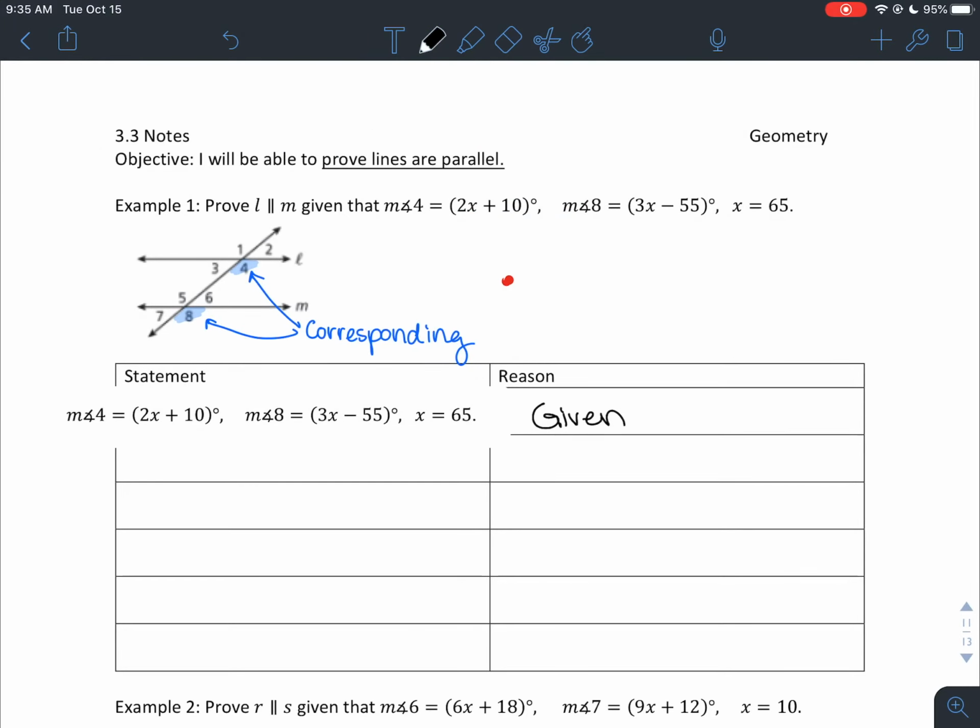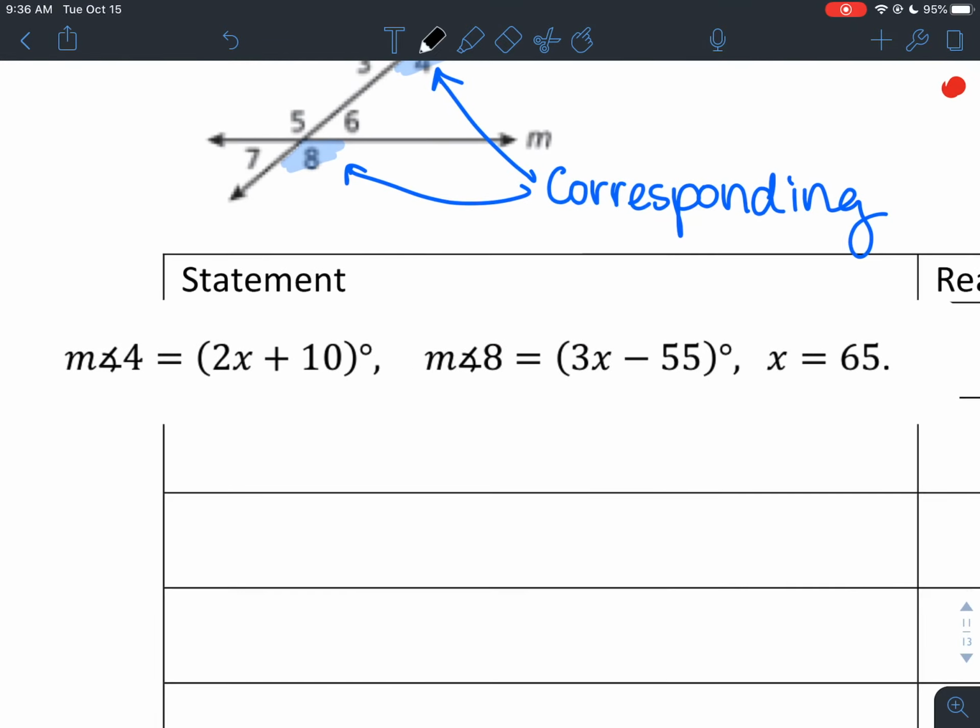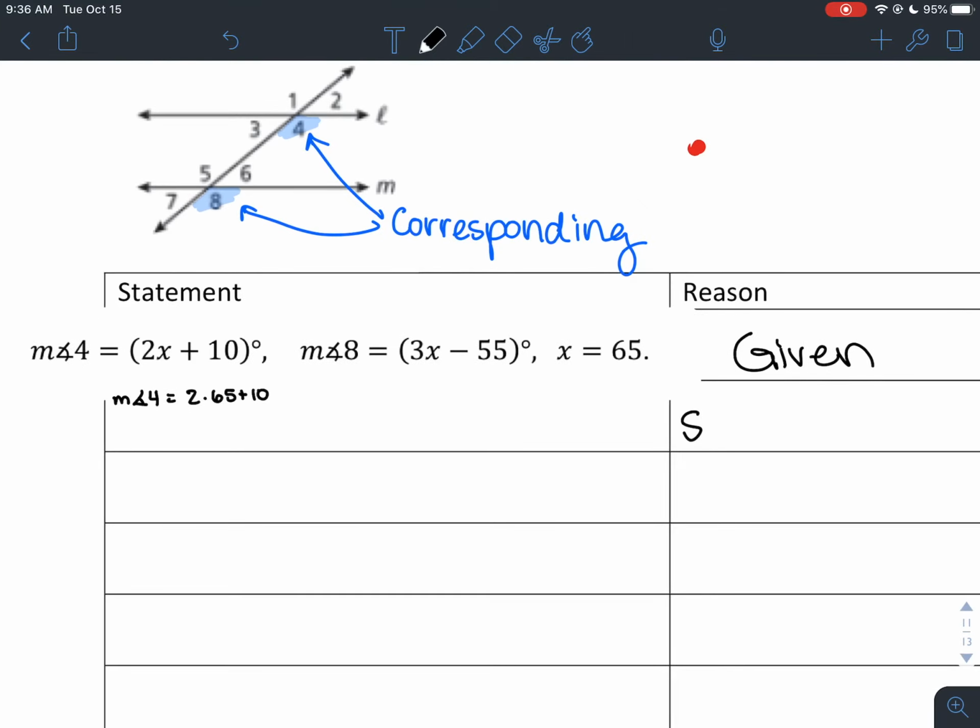But then I'm going to zoom in a little bit because I want to say the measure of angle 4 equals 2 times 65. They've told me that x equals 65, so I'm just going to plug that in, and then plus 10. And so what I'm doing is plugging in, and that's called substitution.